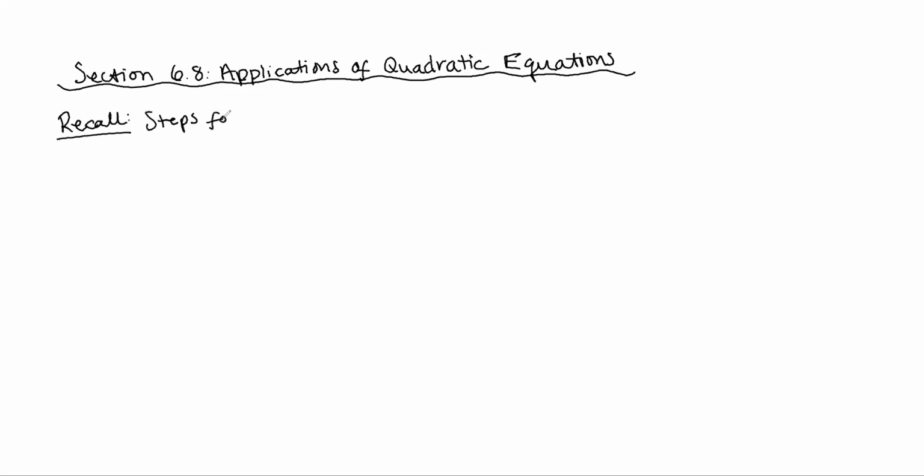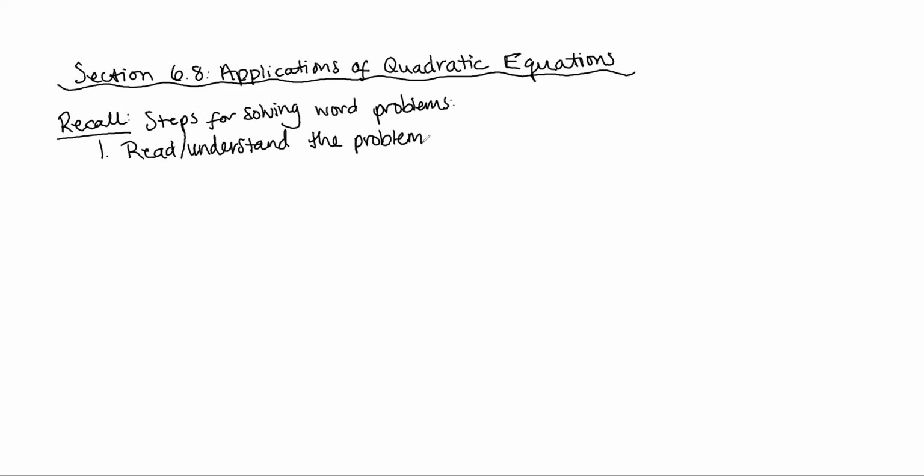So steps for solving word problems. And so the first step, and this one seems kind of obvious, and like it shouldn't be written down, but the first thing you want to do is read and understand the problem.